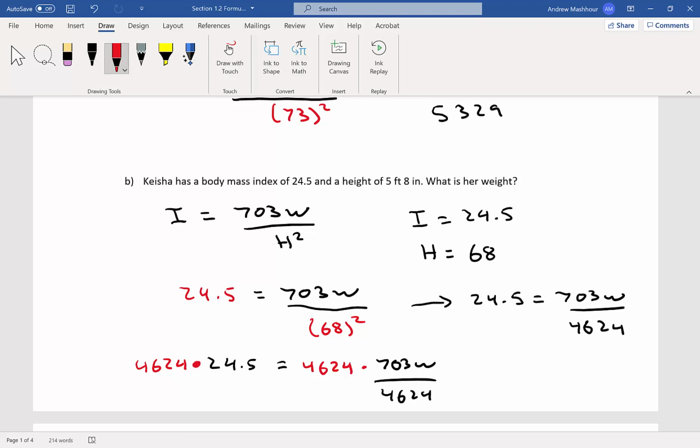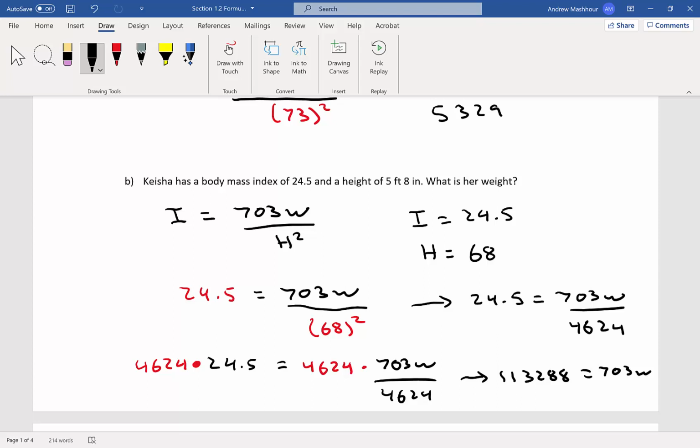Let me make this a bigger dot to indicate it's multiplication. Okay, so now we're left with 4624 times 24.5, that gives us 113,288, equal to 703W.